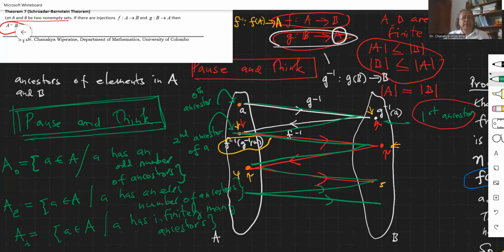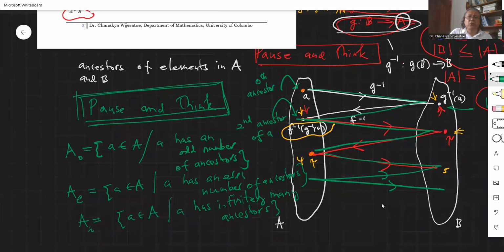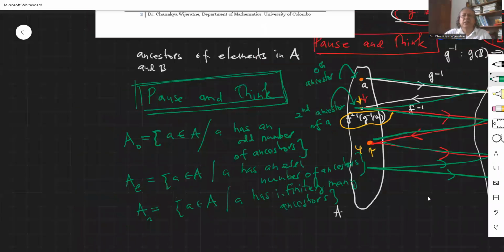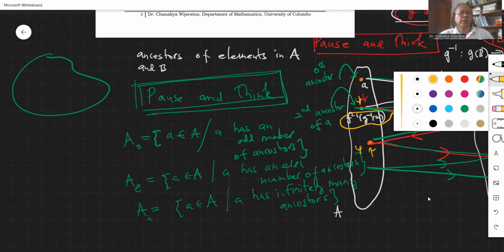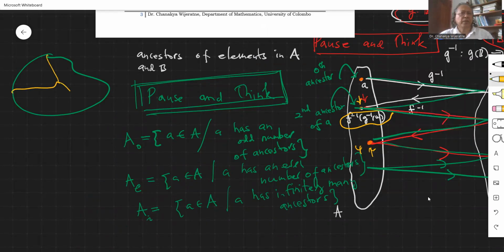Now it can be easily seen that these sets form a partition of A. So if this is set A, we have a partition: AO, AE, AI. It could be that some set is empty. In that case, we don't have a partition of 3 sets; maybe we have a partition of 2.